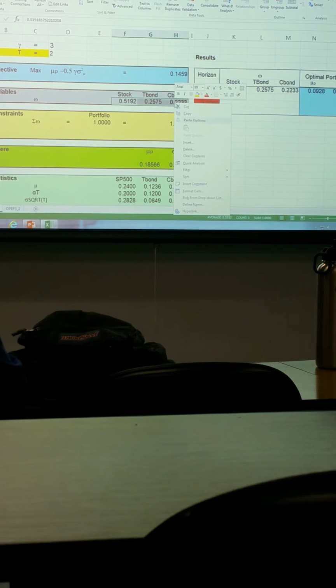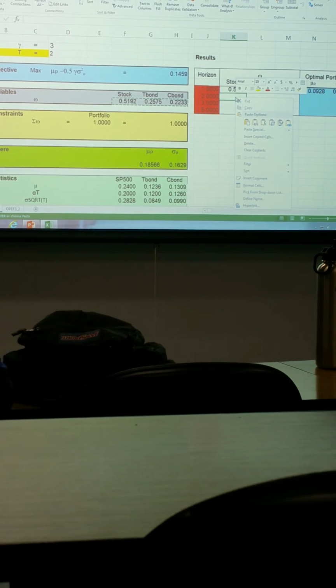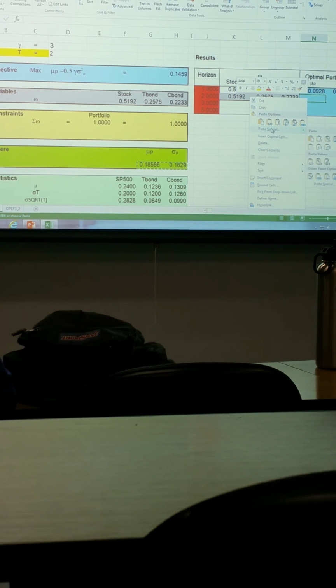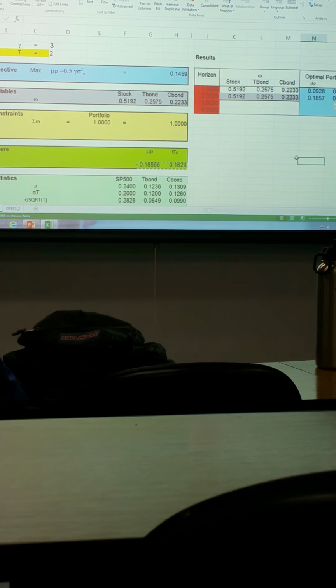So I copy this and paste that. Paste special value, and then repeat this. Copy. Paste special value. Oops.